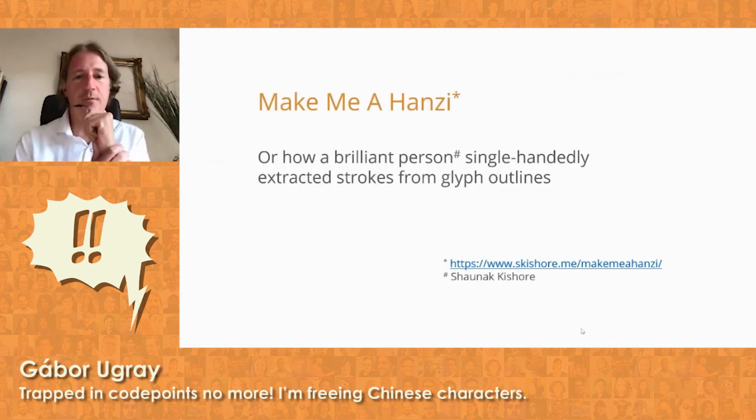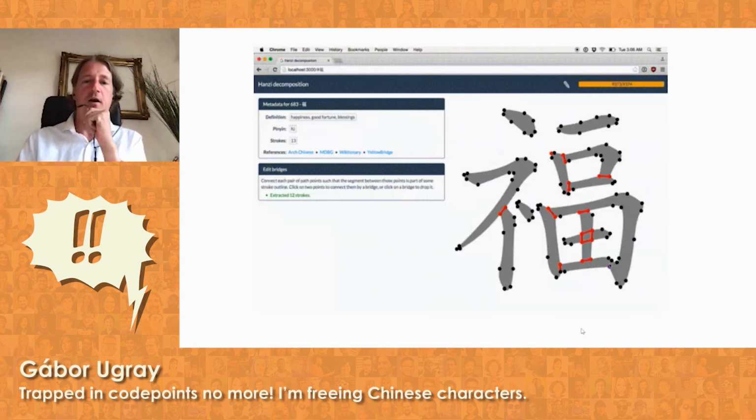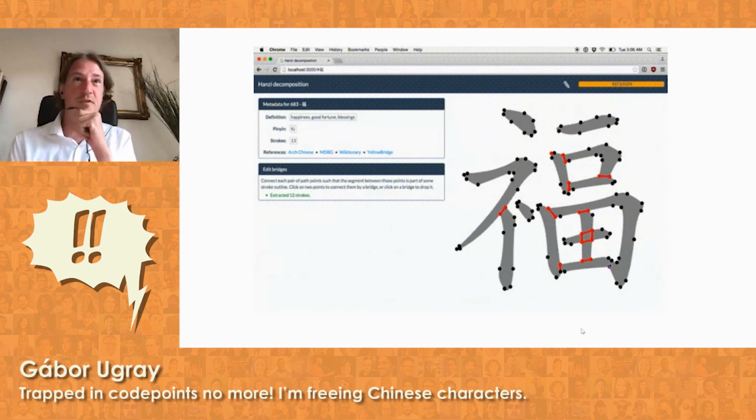Now, a couple of years ago, a brilliant person, Shaunak, came up with a project called Make Me a Hanzi. This is a screenshot from his project's website. He took an open source font, which he can reuse, and used some really magical, brilliant geometrical algorithms and heuristics to figure out where they can be cut into different strokes.